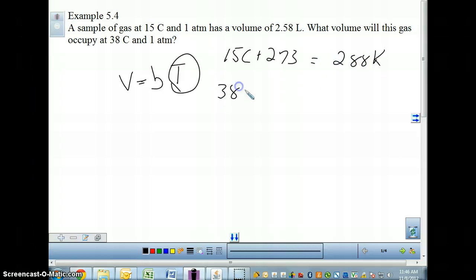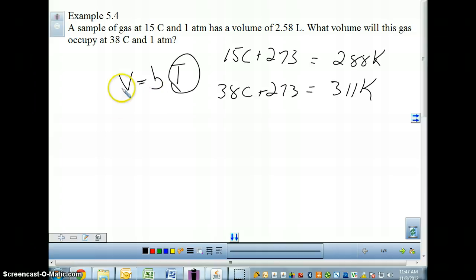And then we have 38 Celsius plus 273 equals 311 Kelvin. It's always a good idea to just go right ahead and convert those temperatures into Kelvin immediately. That way you don't forget.